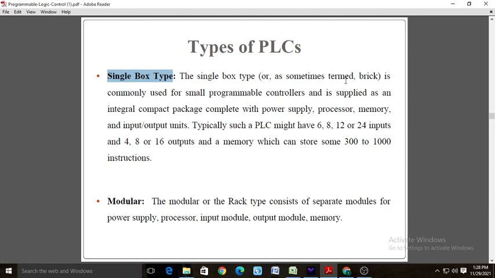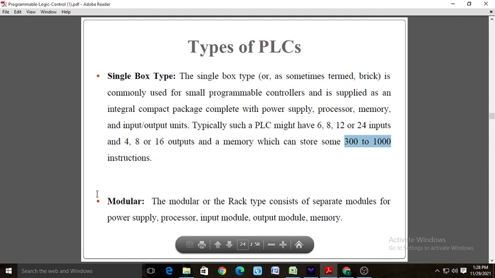The single box type, sometimes termed a brick, is commonly used for small programmable controllers and is supplied as an integral compact package complete with power supply, processor, memory and input-output units. Typically, such a PLC might have 6, 8, 12 or 24 inputs and 4, 8 or 16 outputs, and a memory which can store some 300 to 1000 instructions.